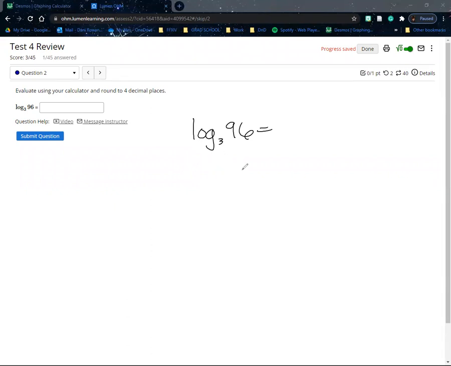Does anyone remember that? Something like log base A of B is log over log.